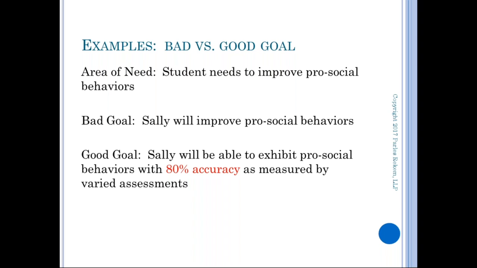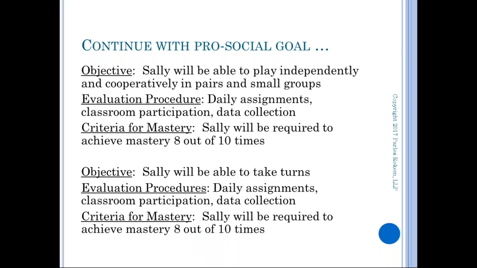So you might be questioning right now, well, varied assessments doesn't seem very clear, but the IEP team went on further, and I'll show you the next slide, to provide 2 objectives within this one goal. The first objective was Sally will be able to play independently and cooperatively in pairs and social groups.